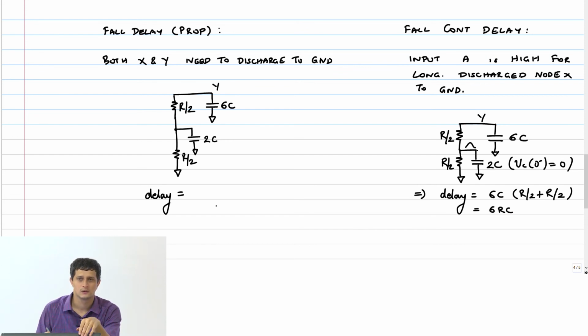What's the answer? 7RC, right? The Elmore delay model you use, you'll get 7RC as the answer.